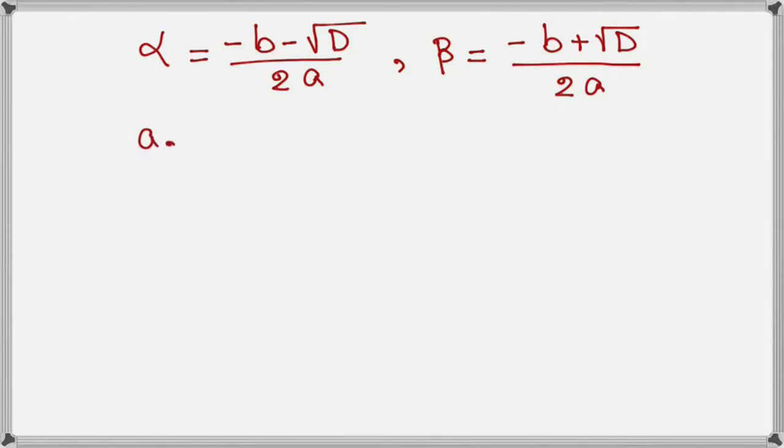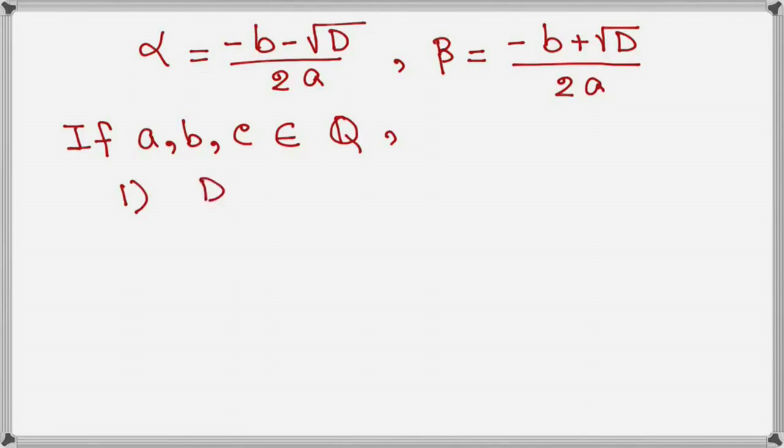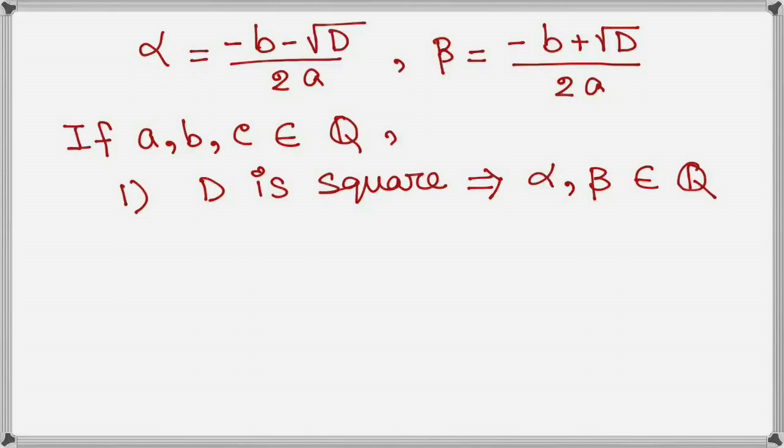Let us make a small note here. If a, b and c are all rational numbers, then we can say: if D is a square, then alpha and beta are rational numbers.